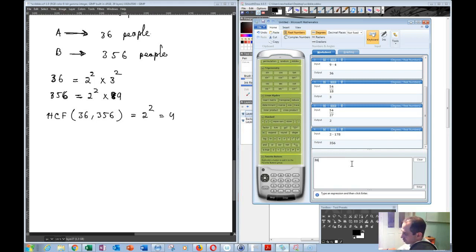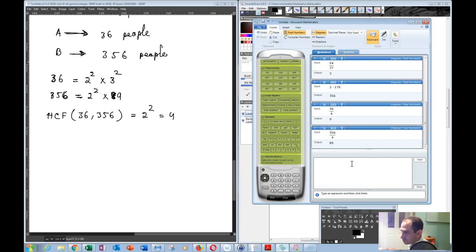But you know that 36 divided by 4 is equal to 9, and 356 divided by 4 is equal to 89. And that's the highest number. This number over here is actually the largest number upon which both of these numbers are divisible.